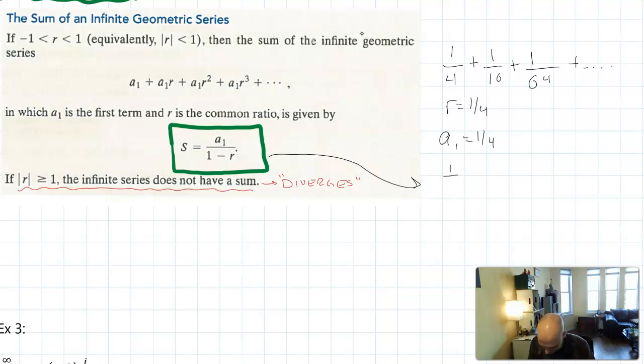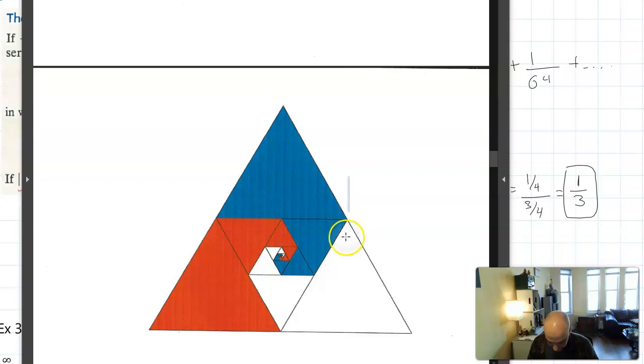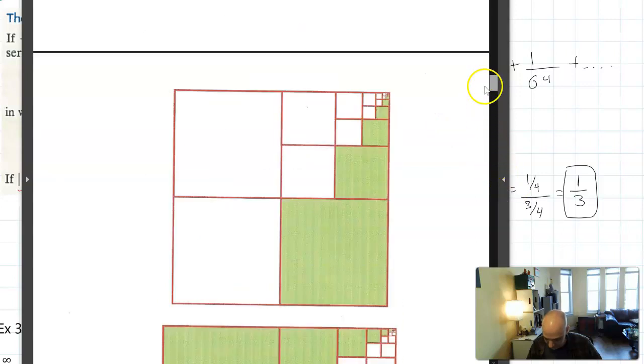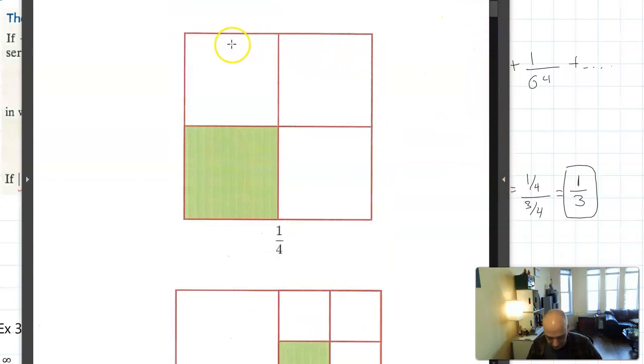Well, it'd be 1/4 over 1 minus 1/4. That'd be 1/4 over 3/4. And those 4s are going to cross out, and you will actually get 1/3. So the algebra agrees with our picture that 1/3 of that shape is shaded when we divide out by 4 every time.